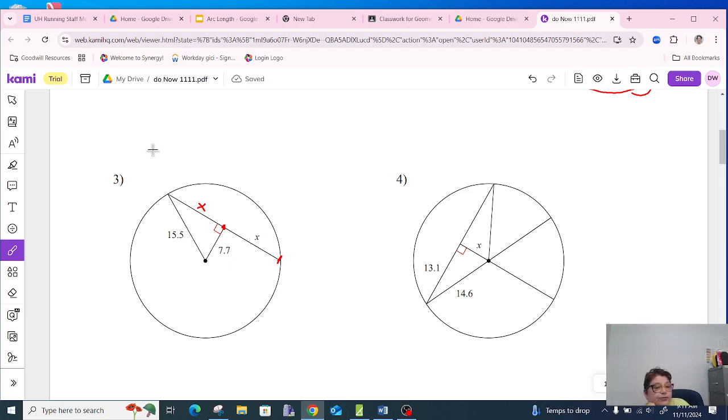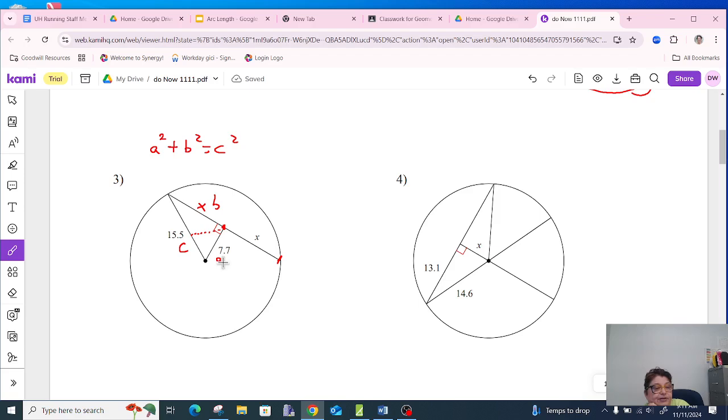I can use a squared plus b squared equals c squared to find the missing length because this is 90 degrees and this is a triangle. Remember, your c is always across from the 90 degree. It's always the longest side. So this is c right here. I could call the others a and b.